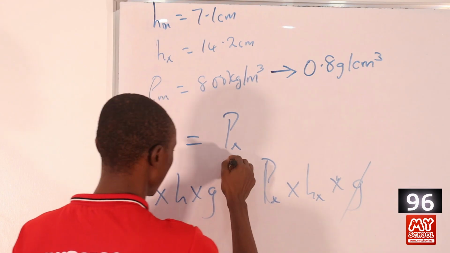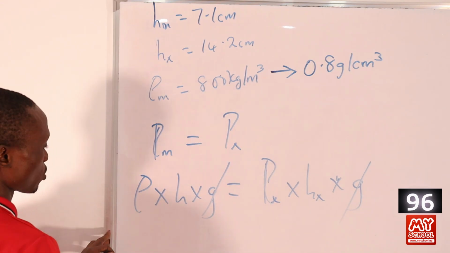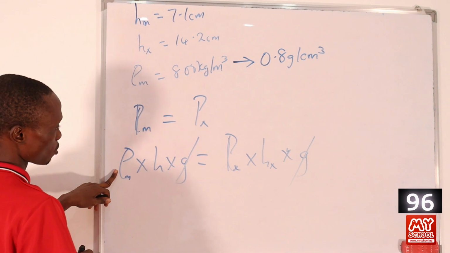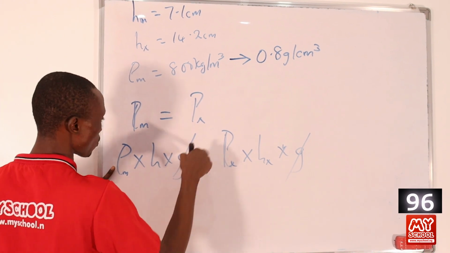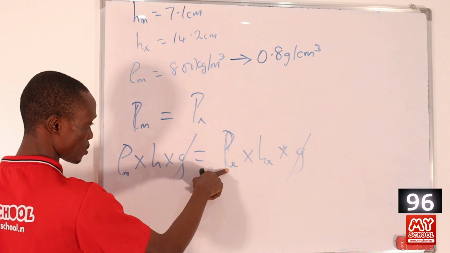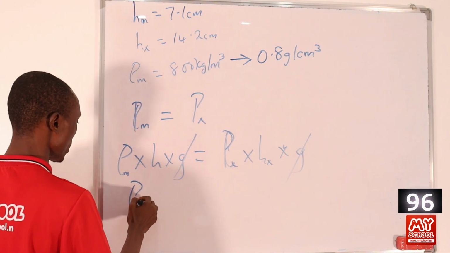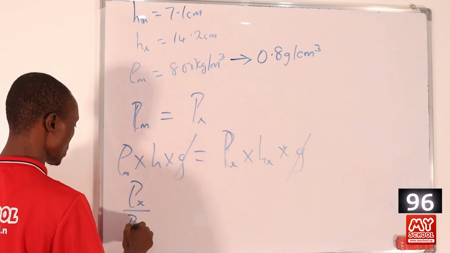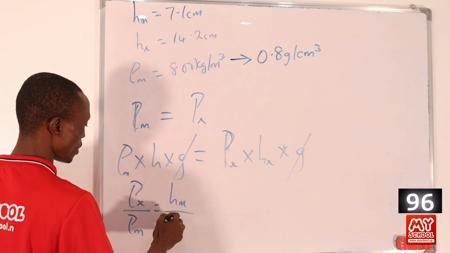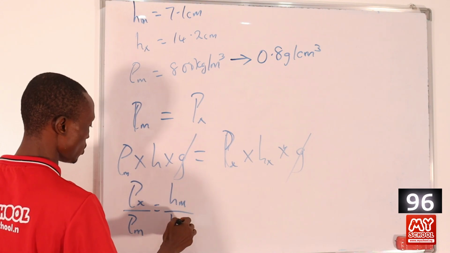So we cancel out acceleration due to gravity. Remember, this is the density of methanol. Since we want to calculate the density of liquid S, the density of liquid S all over the density of methanol will be equal to the height of methanol all over the height of liquid S.